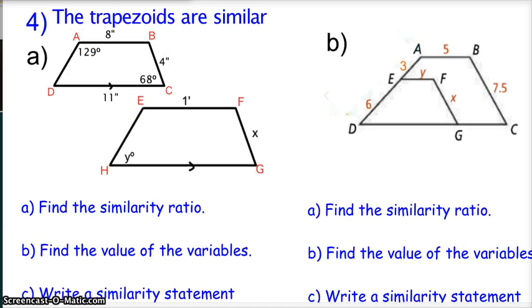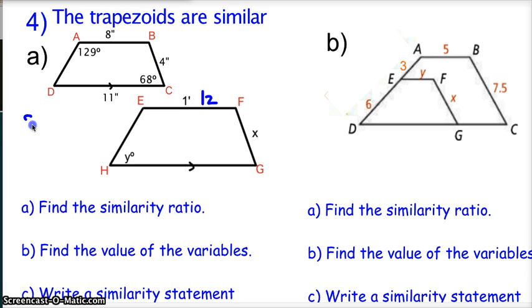So number 4, it says the trapezoids are similar. Find the similarity ratio, find the value of the variables, and write the similarity statement. All right, so the similarity ratio is in comparing our sides. Notice for a moment the little tick marks that these are referring to inches versus feet. So this is really a 12.